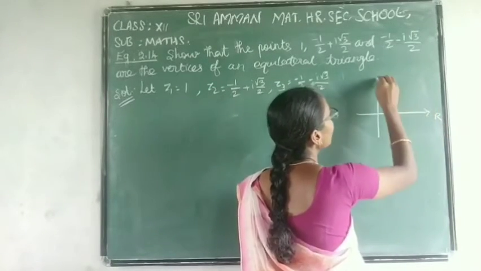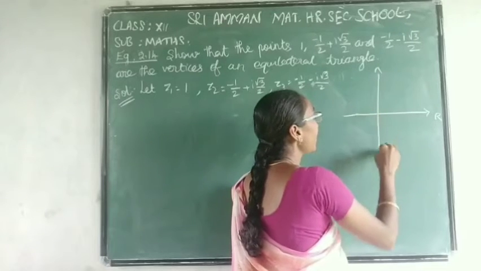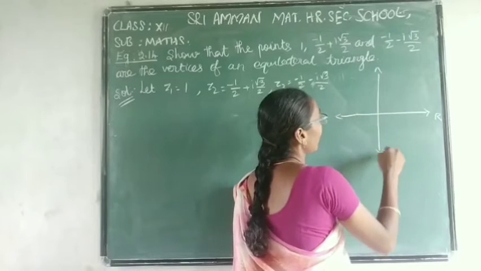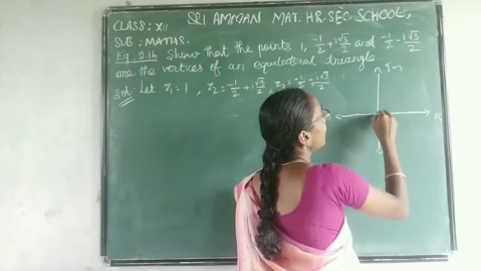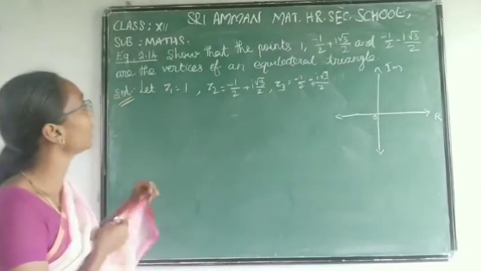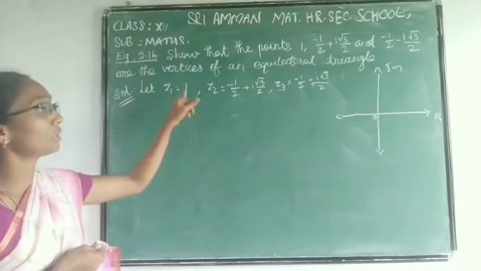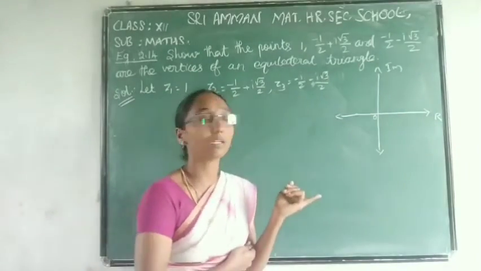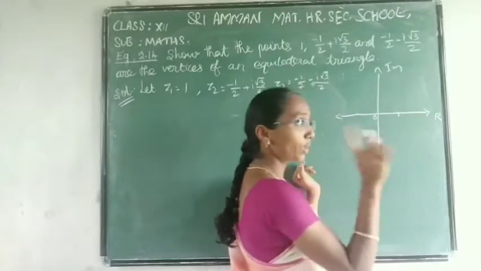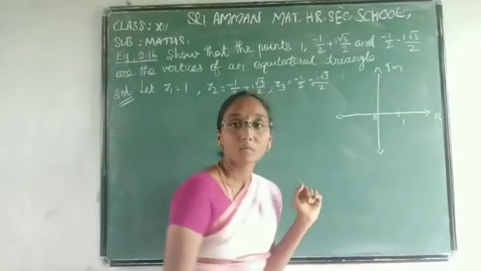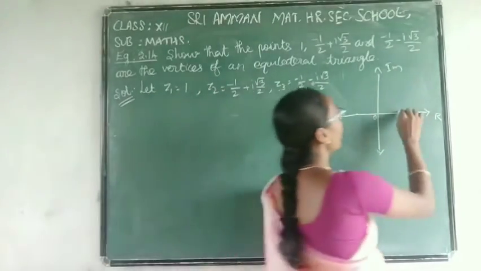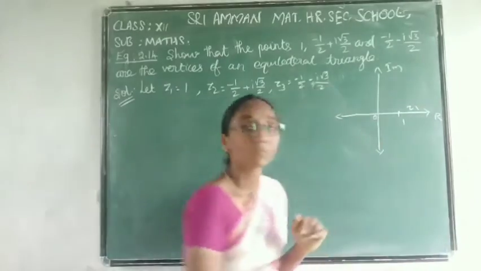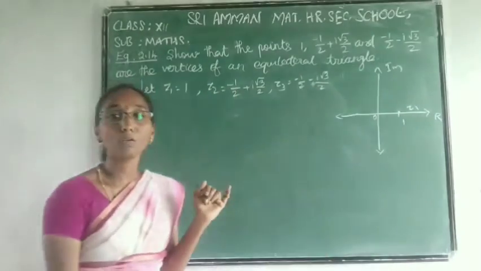This is the real axis. This is the imaginary axis. This is the origin. The point z1 equal to 1 only. Here there is no imaginary part, so it lies on the real axis only. So this is 1, and this one is z1. Do you understand?